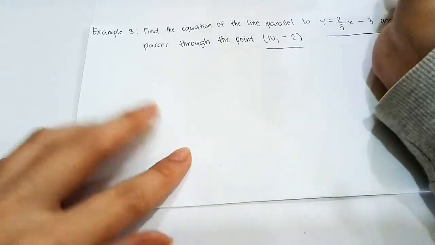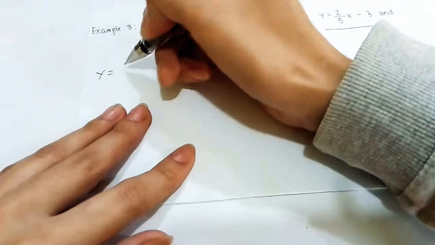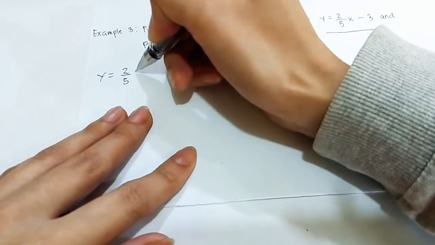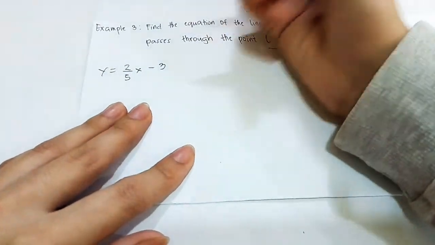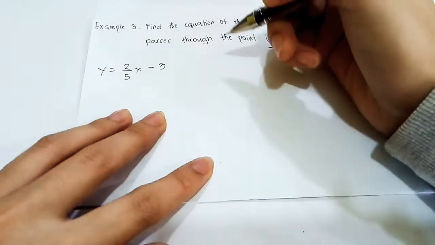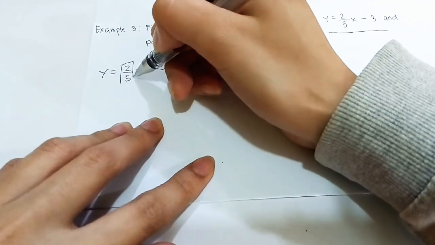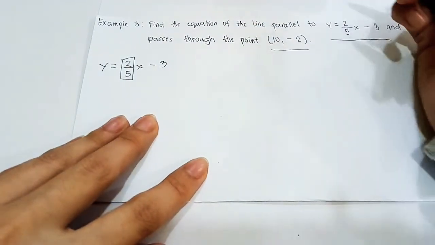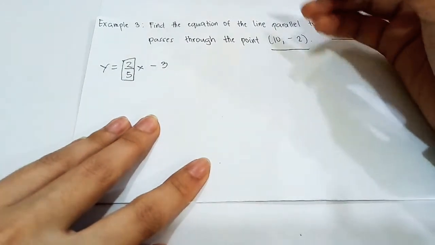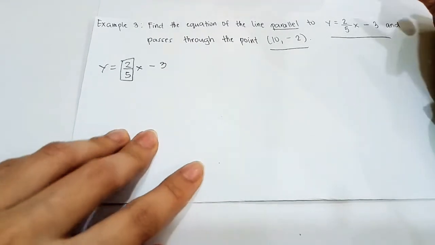Since we are given the equation y equals 2/5 x minus 3, we are going to use the slope 2/5 since the two lines are parallel.